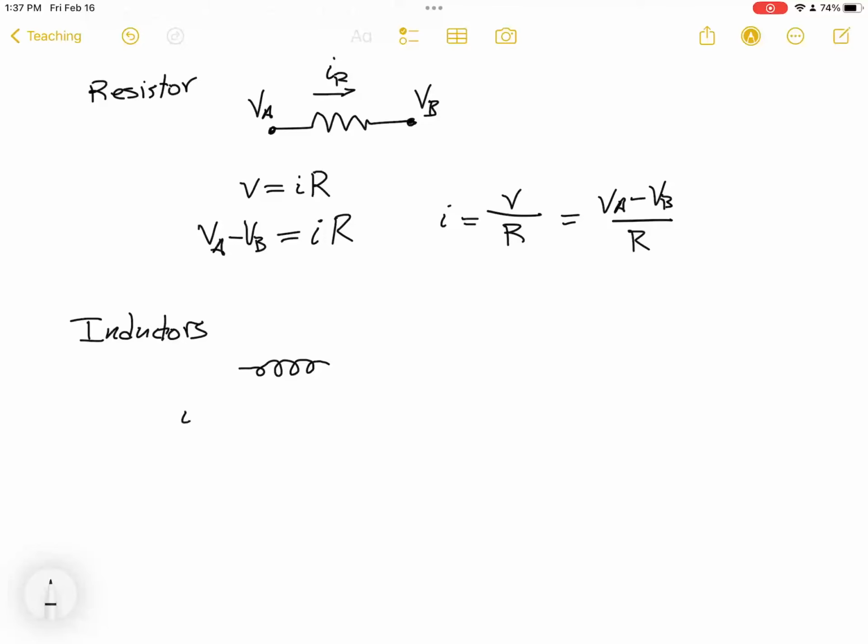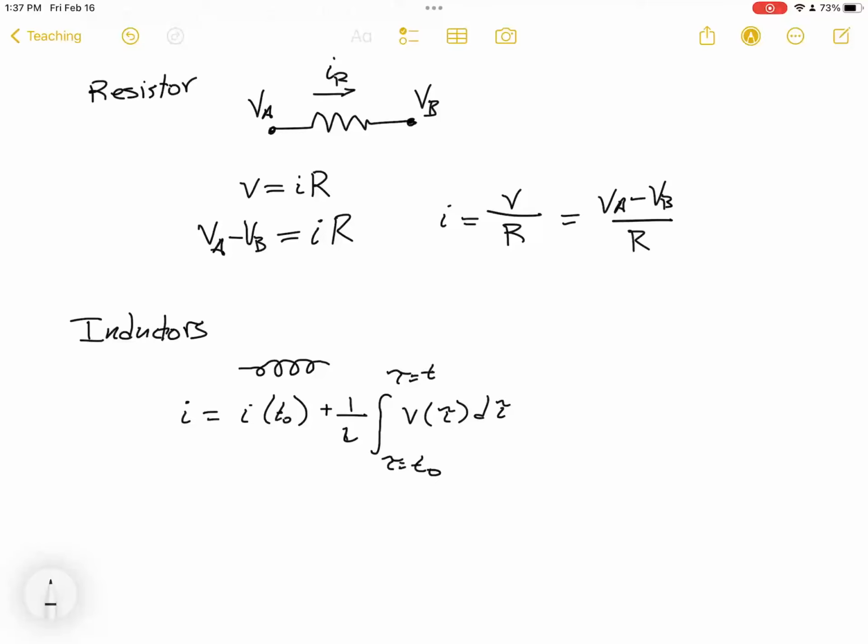The current through an inductor has an integral, so we've got some initial current plus 1 over L, which is the inductance, times the integral of the voltage V of tau d tau, and we'll put some limits on this: tau equals T0 to T.